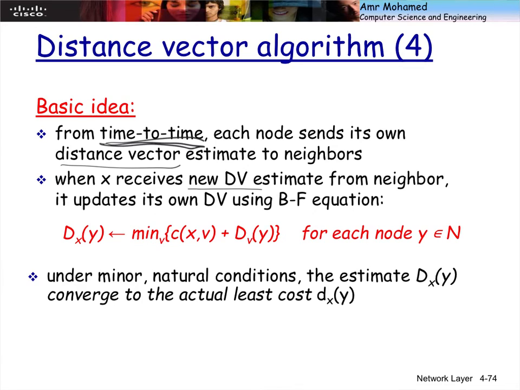Under mild natural conditions, the estimate of dxy converges to the actual least cost. This is the hope, that through doing a few iterations, which we don't know the count of, at some magical moment we will logically reach a state where whatever vector distances are exchanged, I never have to change my current distances based on the information I receive.